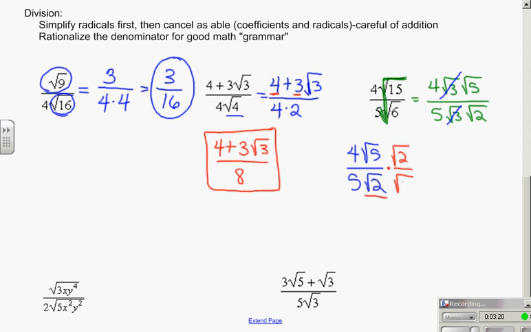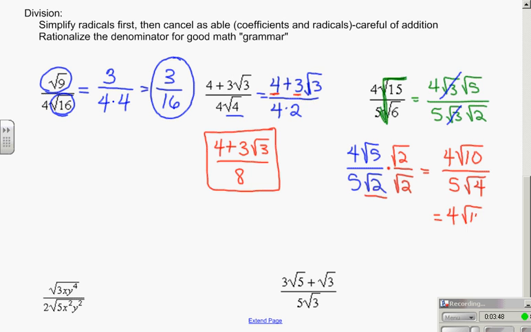So what I'm going to do is multiply by radical 2 over radical 2. Now radical 2 over radical 2 is really 1, so I'm not changing the numerical value of my problem. I'm just changing the way it looks. So what I have now is 4 radical 10, radical 5 times radical 2, all over 5 radical 4.